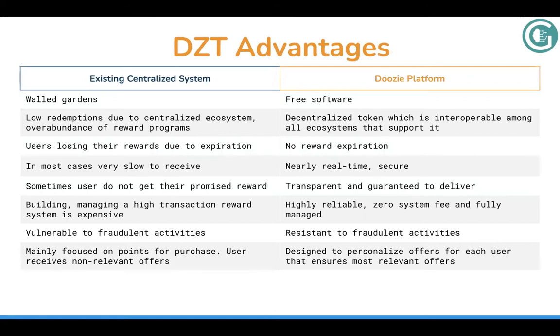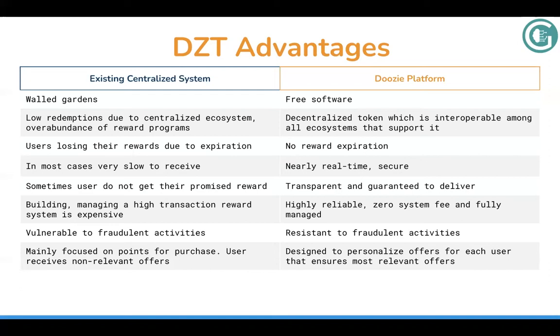Now let's take a look at some of the advantages Doozie token has over existing centralized systems. Obviously, I already mentioned a few of them in the previous slides. I will just go through each of them here and sum up the advantages.